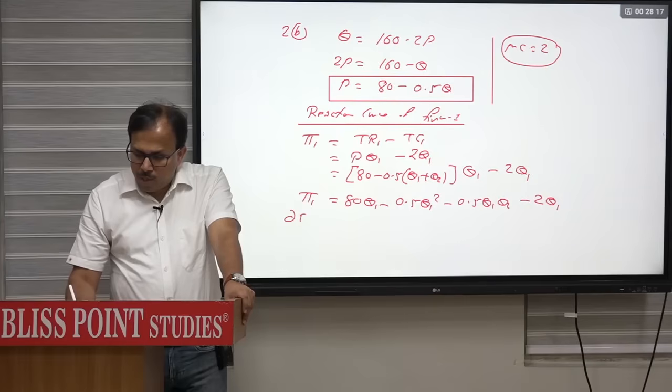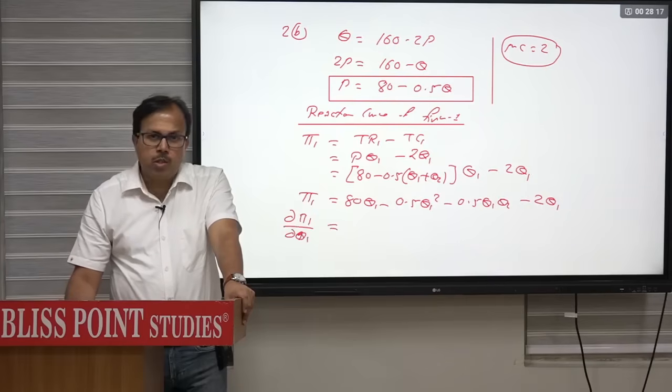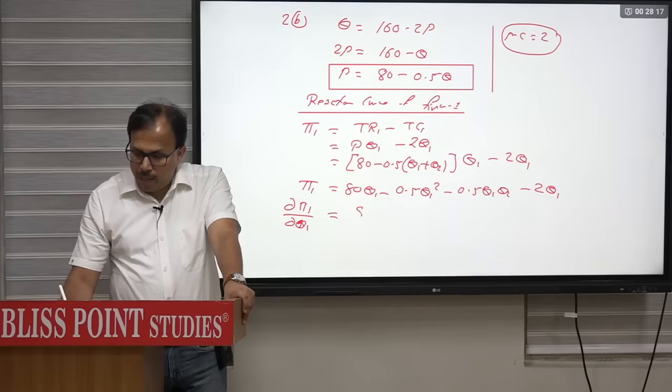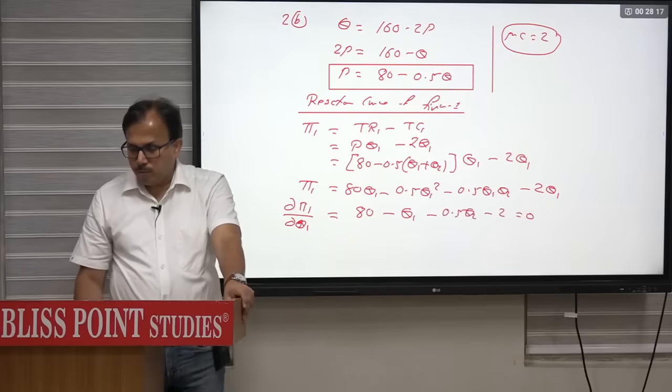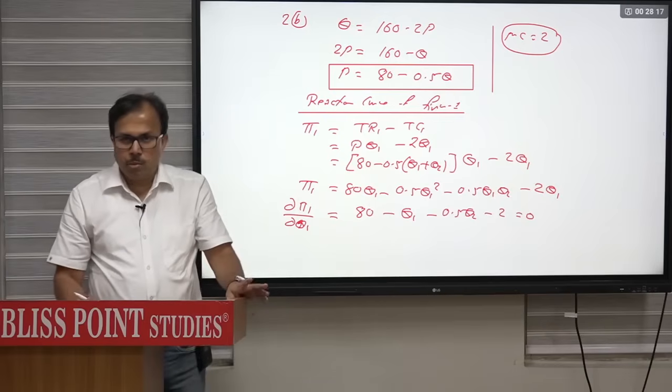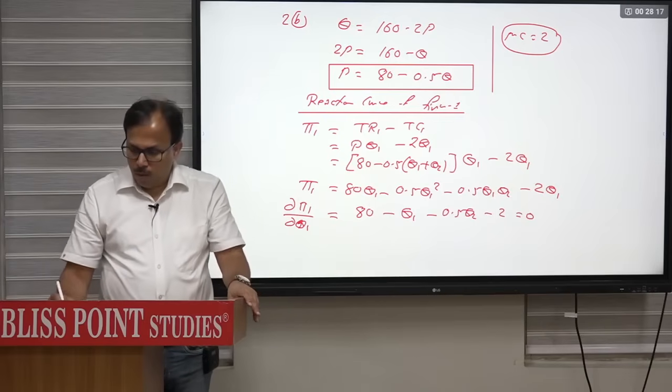And we will differentiate this profit function with respect to Q1 keeping Q2 constant. That will be 80 minus 0.5 into 2, so it will be only Q1, minus 0.5 Q2 minus 2 is equal to 0. Okay, avoid calculation mistakes.